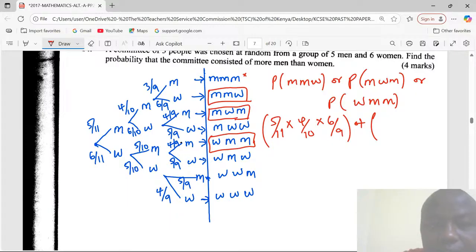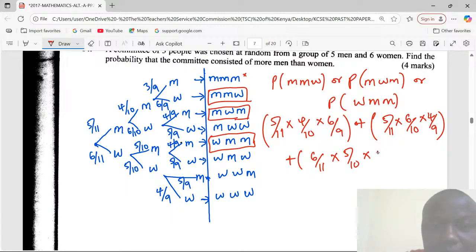We start with man once again, 5/11, woman 6/10, and man 4/9. Then we start with woman 6/11, man 5/10, and then man again 4/9, that way.